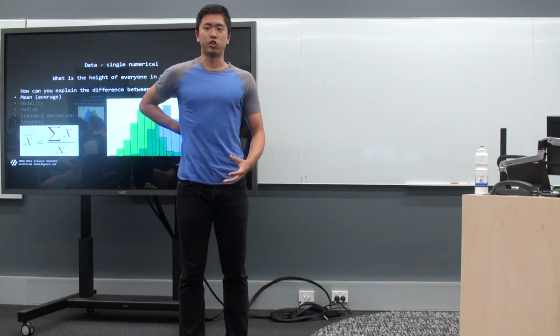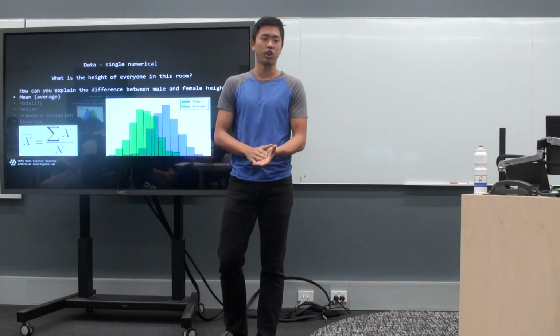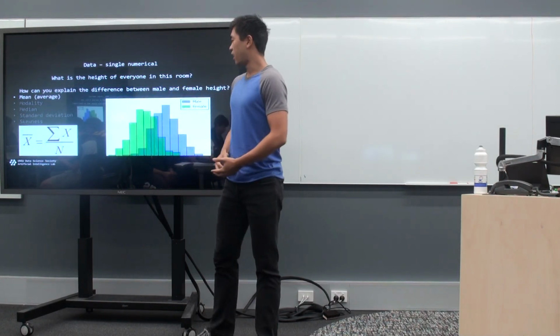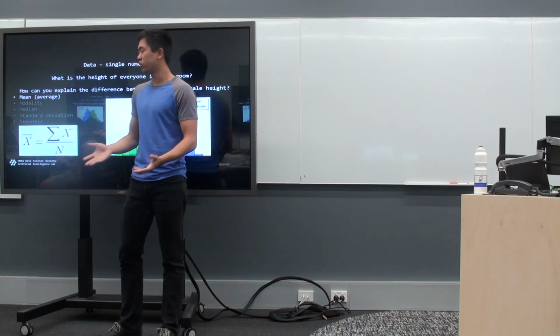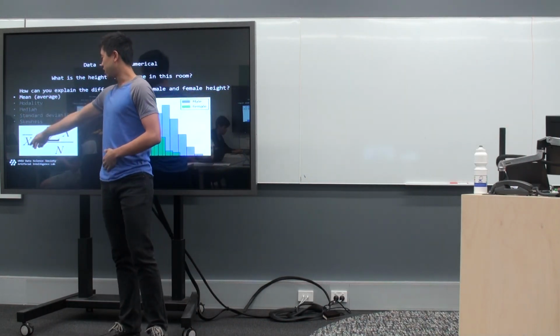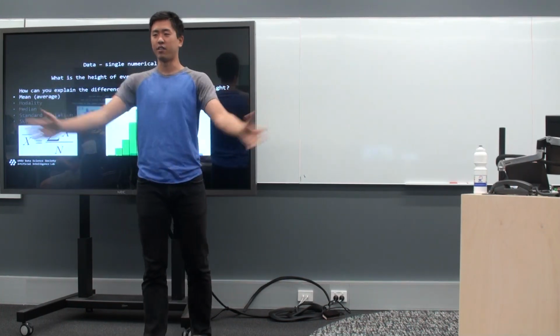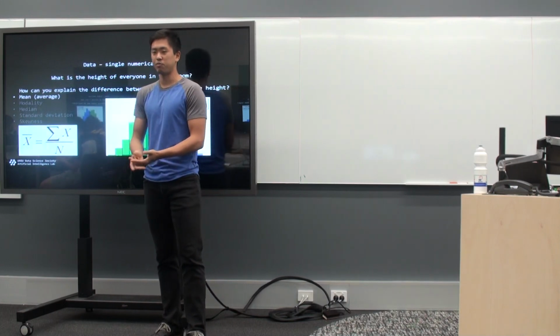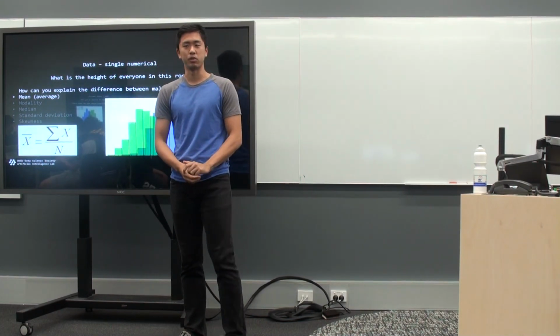It's very good to be able to understand this kind of statistical notation, so I'll be introducing a bit of that. Even if you do understand the concept of an average, you might not know the notation. This means the sample mean. So if I take the average height of everyone here and divide by the number of people here, then that's the sample mean for the height of people in this classroom.